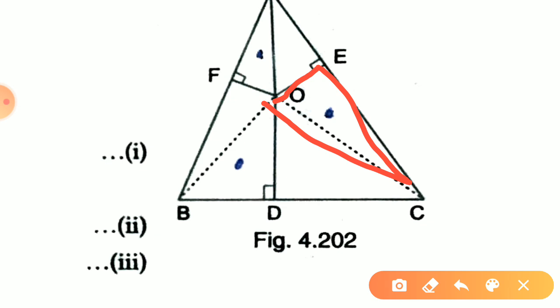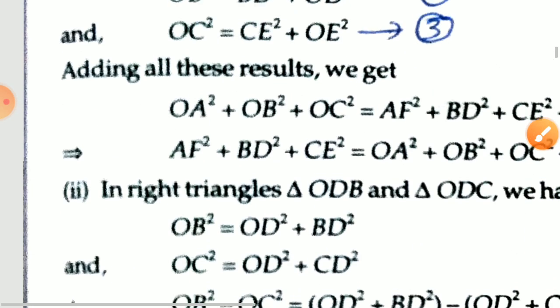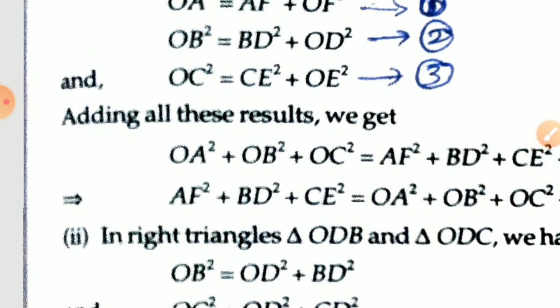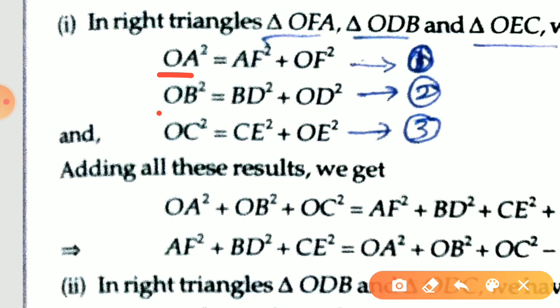So OC square is equal to OE square plus CE square, and that is equation number 3. And now adding equations 1, 2 and 3, first of all we have to add the LHS.